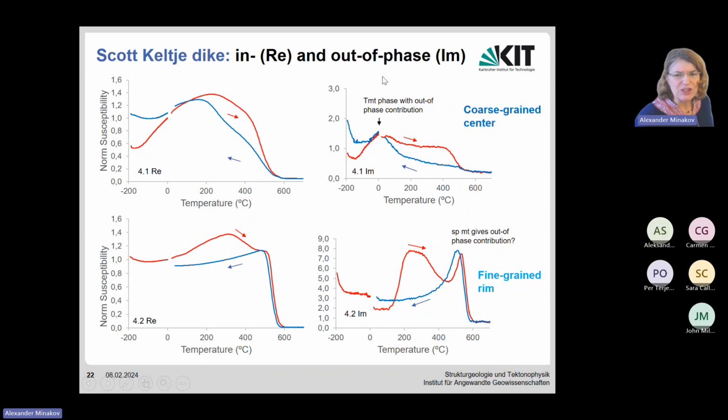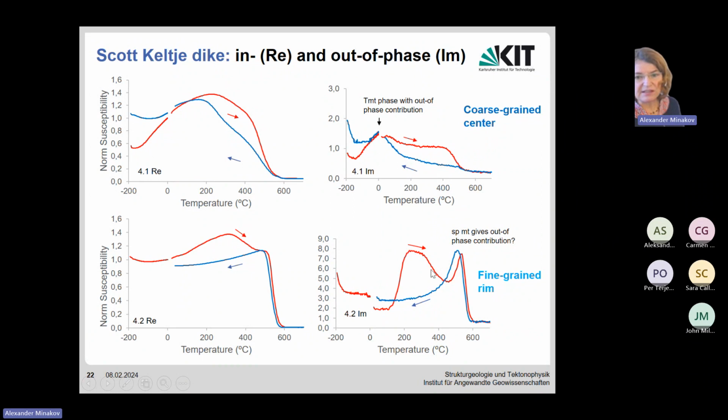I'm not going into detail on this because that's quite new. It's what's shown here: in-phase and out-of-phase susceptibility. The temperature dependence of out-of-phase susceptibility is not yet so well described, but what we can see, and that might be quite interesting, is that the out-of-phase signal only shows titanomagnetite with an intermediate composition.